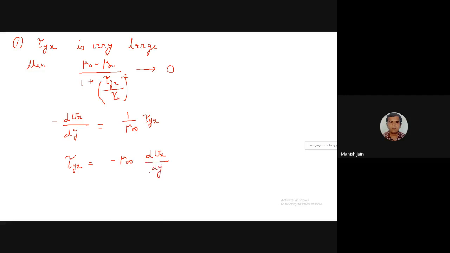Okay, so this is again Newton's law. So the Reiner-Philippoff model converges to Newton's law when you have very high shear stresses.